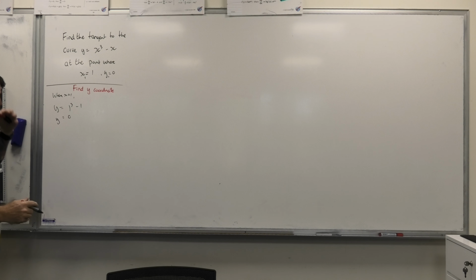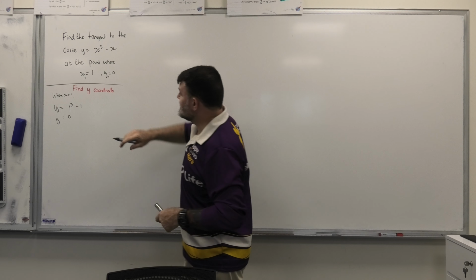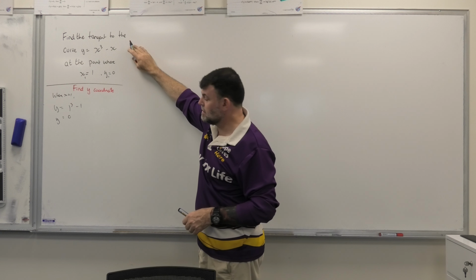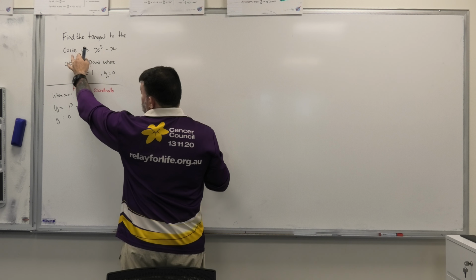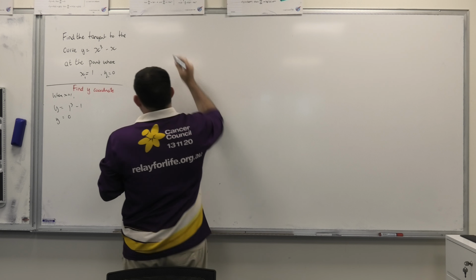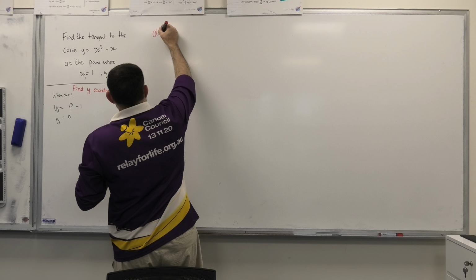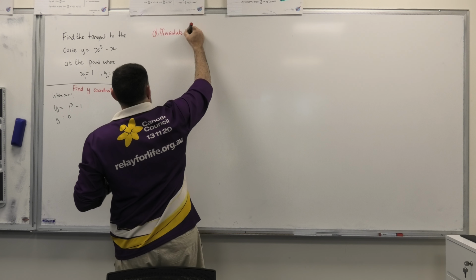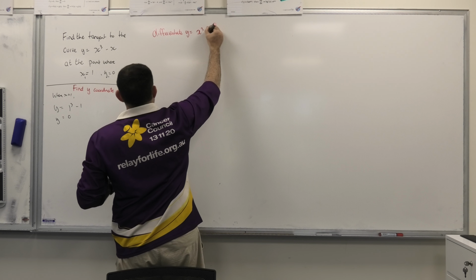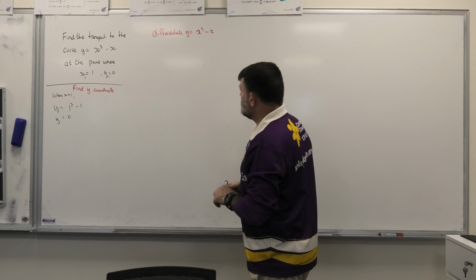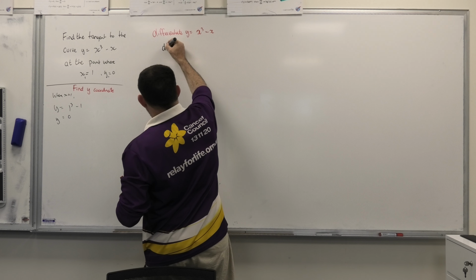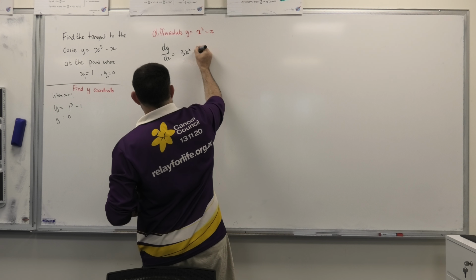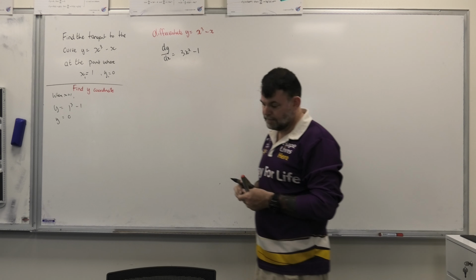And the next step is, it's asking us to find the tangent, so we've got to find a gradient of this. Therefore we've got to differentiate this equation. So your second thing here is, let's differentiate y equals x cubed minus x. If we differentiate this, we've got dy/dx is equal to 3x squared minus 1.